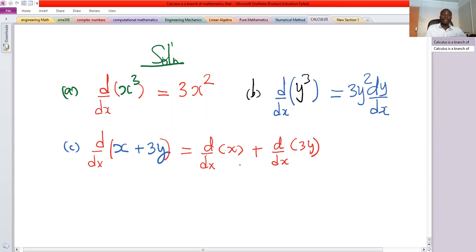Now, d/dx of x is 1, plus d/dx of 3y, the normal power rule, you have 3 times 1, because with this y using the power rule, you simply drop 1 and then subtract 1. So 1 times y raised to the power 0 is 1. But then because y is assumed to be a differentiable function of x, you attach dy/dx to this number 3. So therefore, this will be the solution to part C.